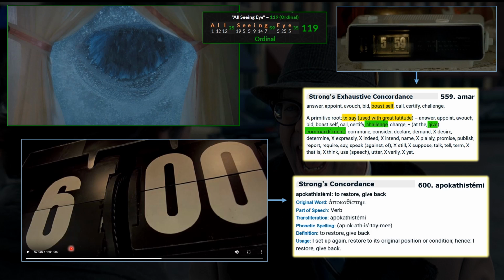And then at 6 o'clock, when the clock strikes 6, it means to restore, to give back, to restore to its original position. So what are the odds that the time on the clock matches exactly what we're seeing in the movie, that he's getting restored back to his original position every morning at 6 o'clock?